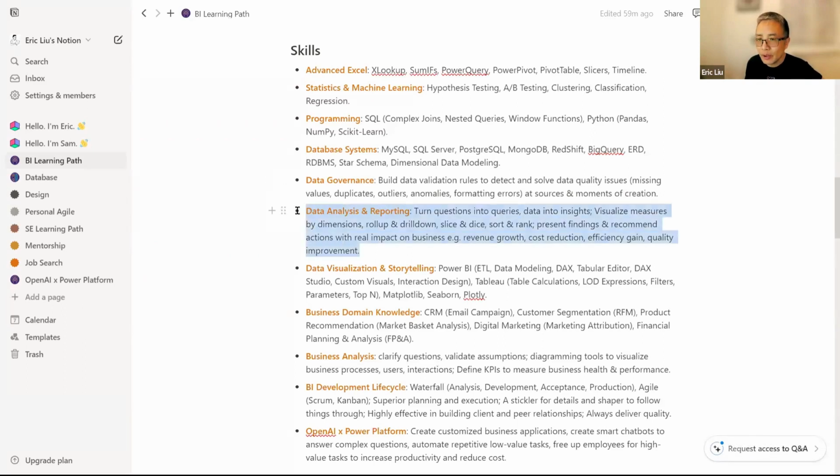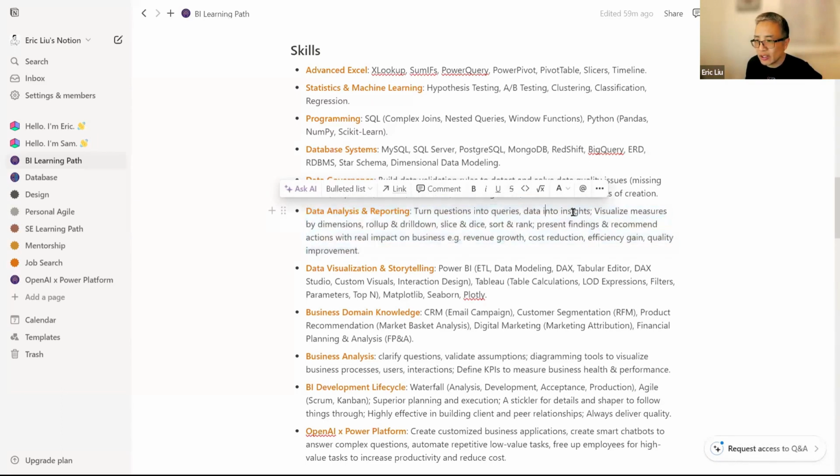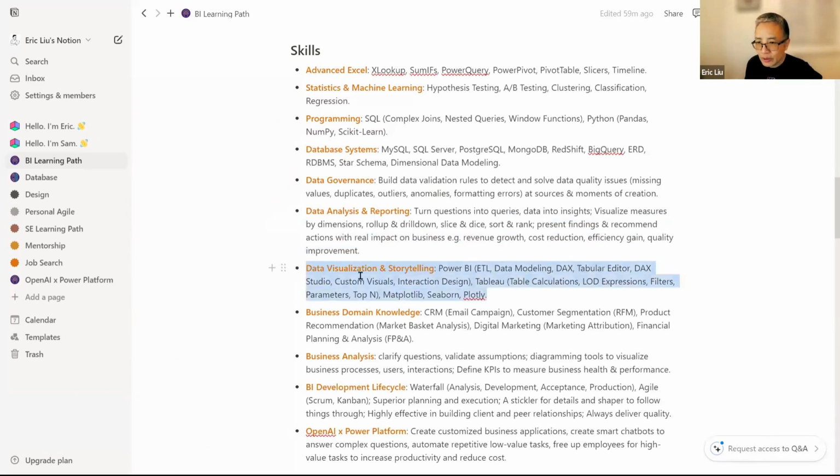Or you can focus on this, turn questions into queries and data into insight, right? So I highly recommend you include programming, database, and one of these. And you absolutely need to include data visualization, storytelling. So that's already one of these three, and there's four, right?